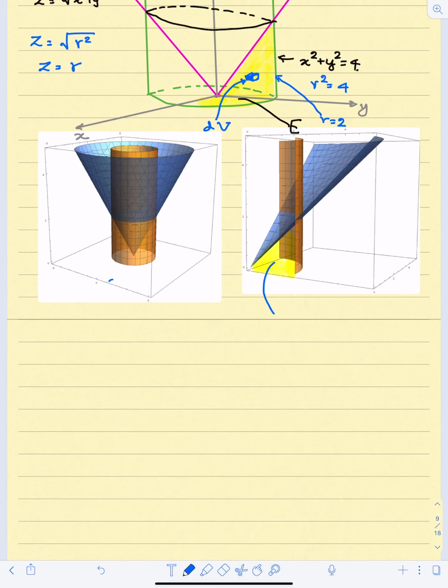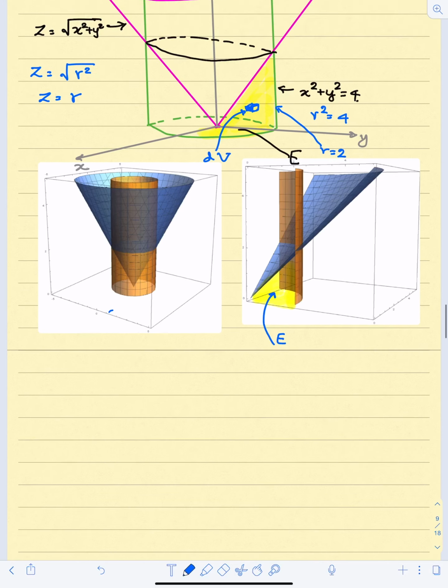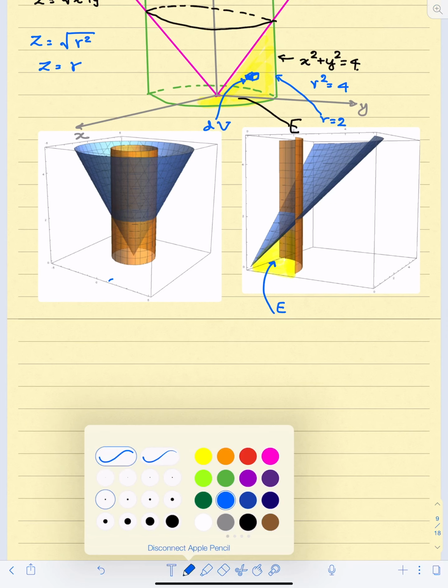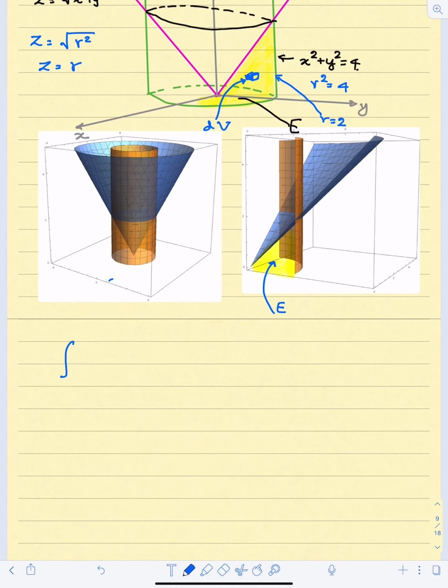That's your E. So now we know that volume equals the triple integral of 1 dV over the solid E. Now in the cylindrical coordinate system, dV equals r dz dr d theta.